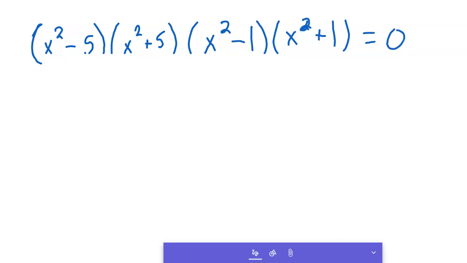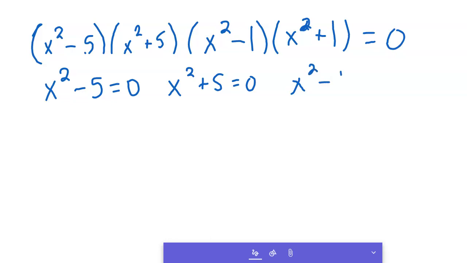But now we know that any one of these factors is equal to 0, so you can start setting them equal to 0 and solving for each one separately. So x squared minus 5 equals 0, x squared plus 5 equals 0, x squared minus 1 equals 0, and x squared plus 1 equals 0.